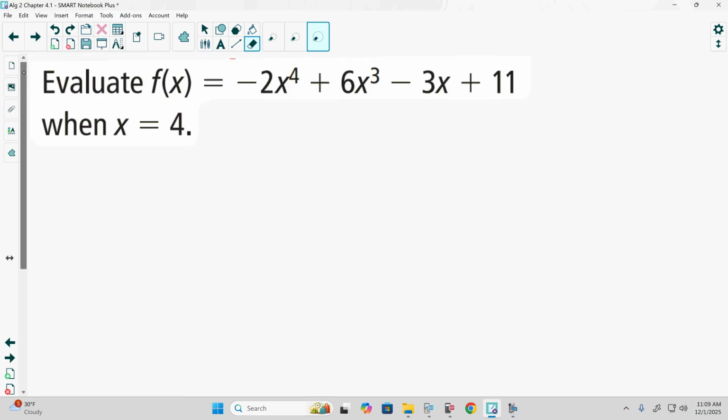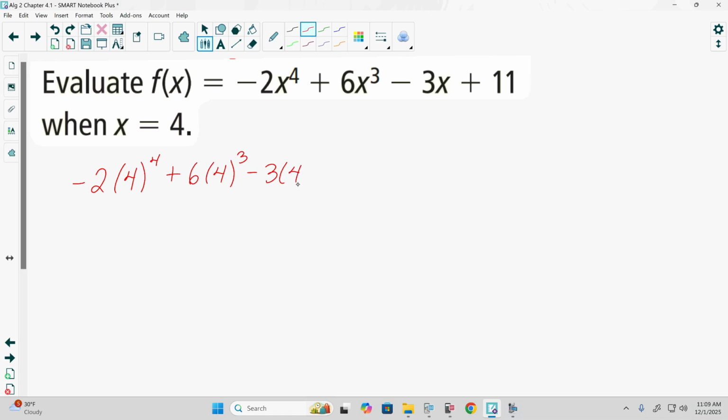Negative 2x to the fourth plus 6x cubed minus 3x plus 11. Negative 2 times 4 to the fourth plus 6 times 4 cubed minus 3 times 4 plus 11.